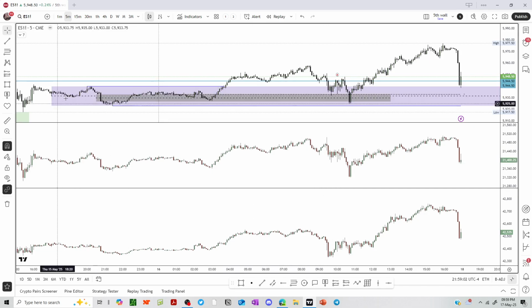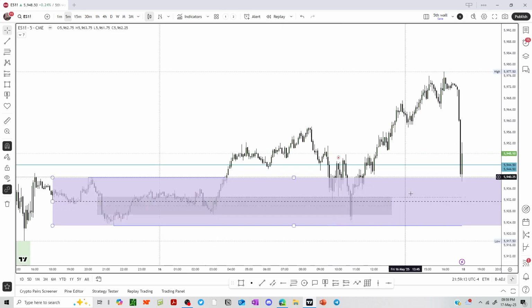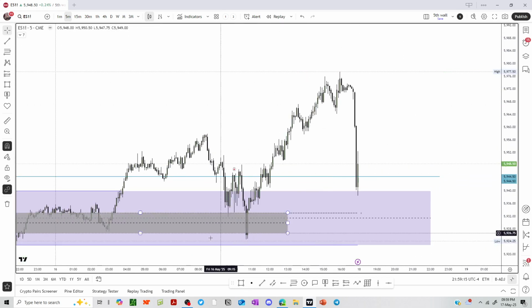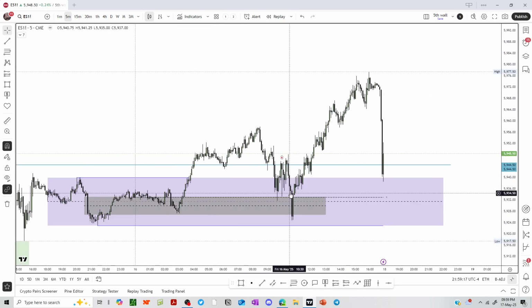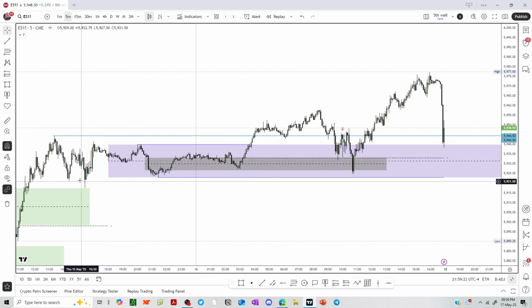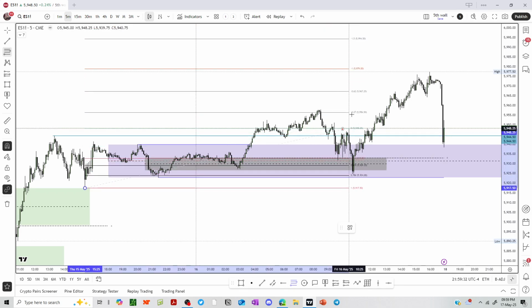But either way, it's in price action. This just gives you more conviction for the trade. Anyway, so that would be your turtle soup right here, right? That would be optimal trade entry.